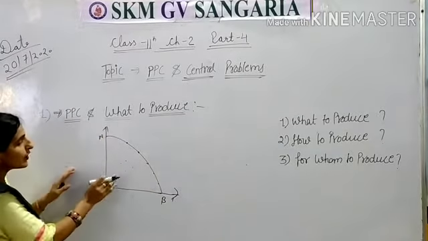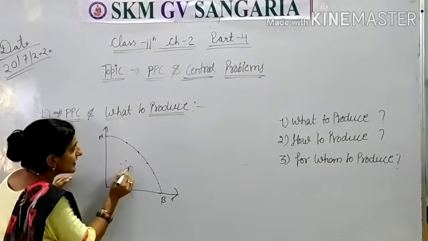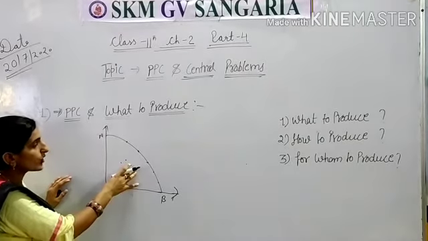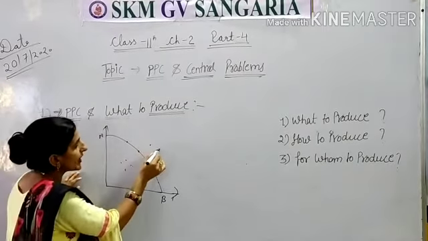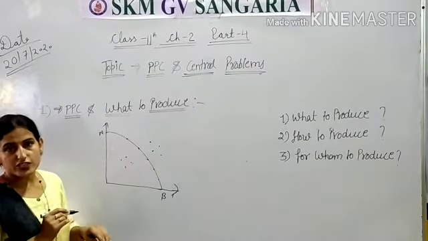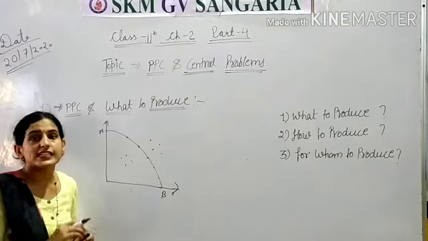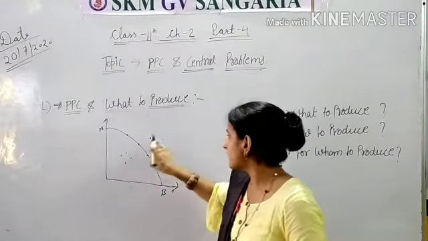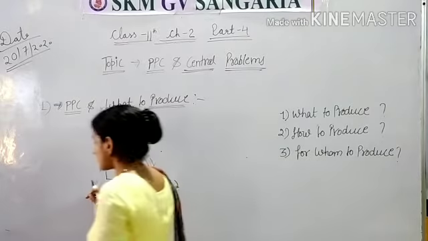Okay. So if we are producing inside, then our resources are underutilized. And if we are taking any point outside the line, then it is overutilization of resources, or we can say that these are unattainable points. We cannot attain these points.